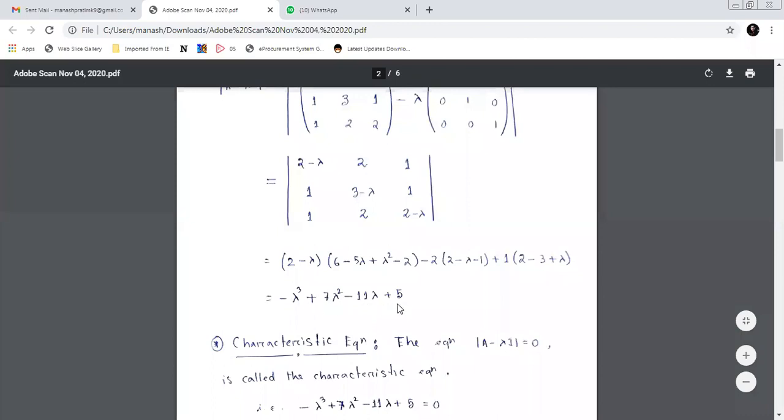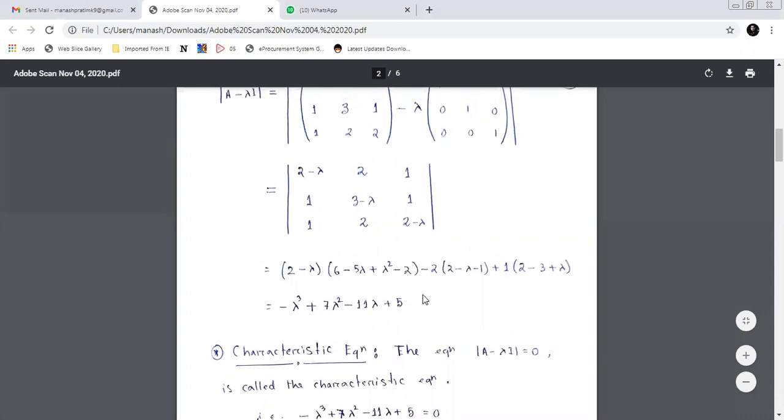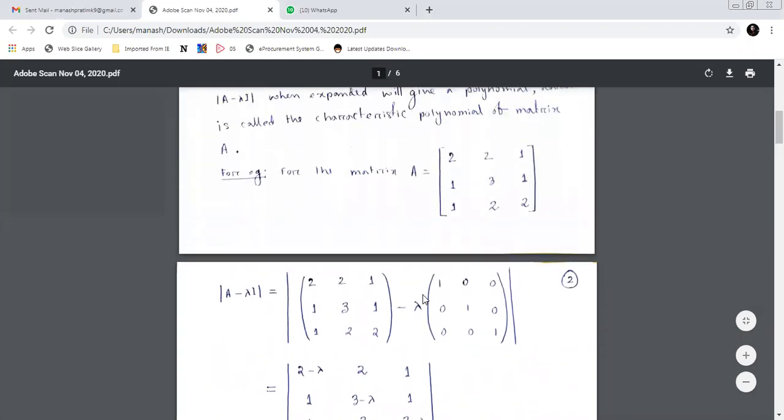That means we got a polynomial in lambda, and this polynomial is called the characteristic polynomial of this matrix A.